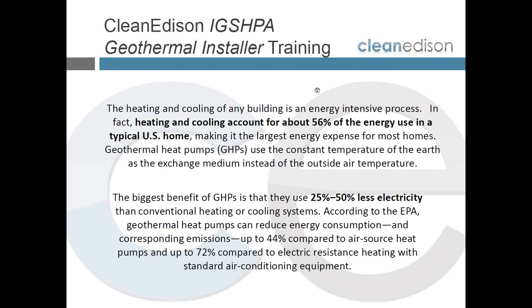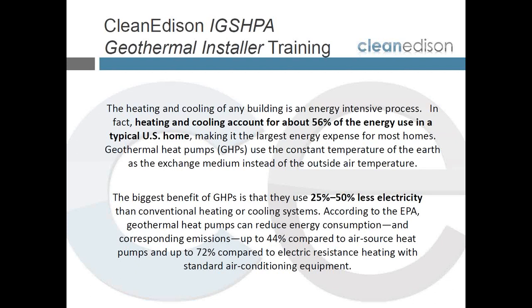The heating and cooling of any building is an energy-intensive process. In fact, heating and cooling account for about 56% of the energy use in a typical U.S. home, making it the largest energy expense for most homes. Geothermal heat pumps, GHPs, use the constant temperature of the earth as the exchange medium instead of the outside air temperature.